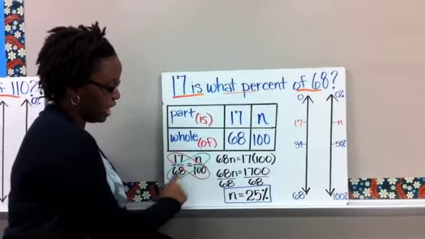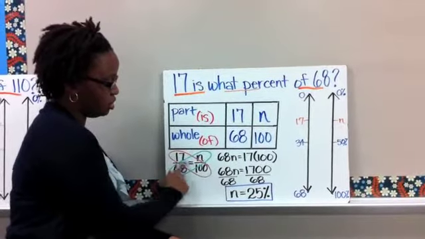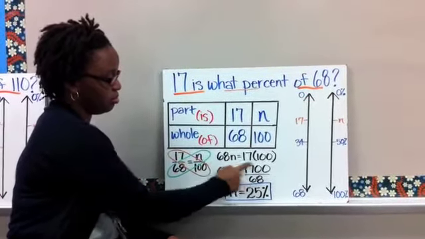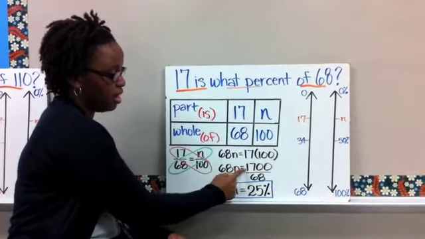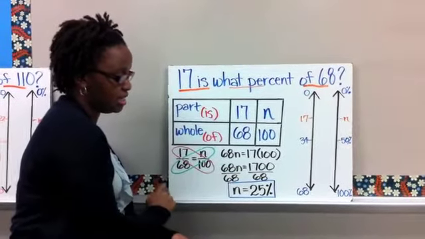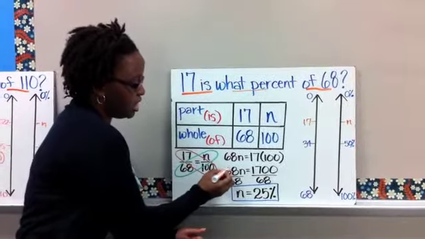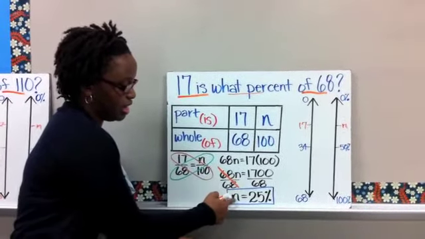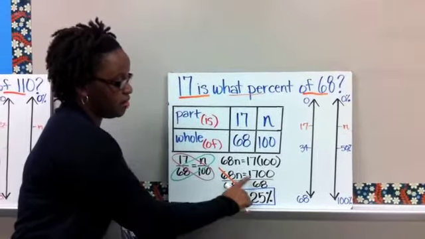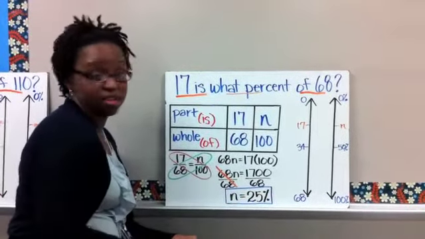So 68 times n is equal to 17 times 100. 17 times 100 is 1700, and our last step is to divide by 68. Here, remember, 68n, or 68 divided by 68 is 1, and so we just got n left. And 1700 divided by 68 is 25%.